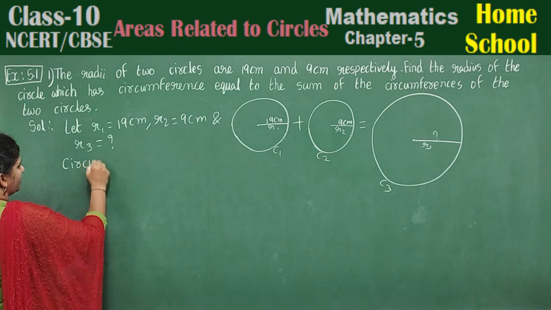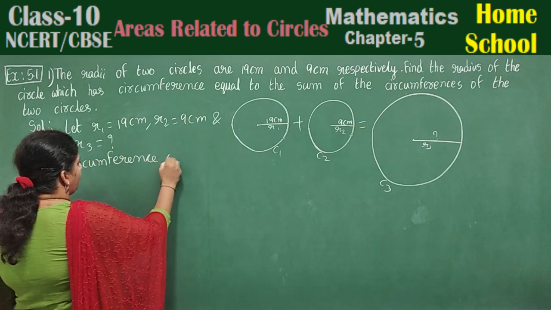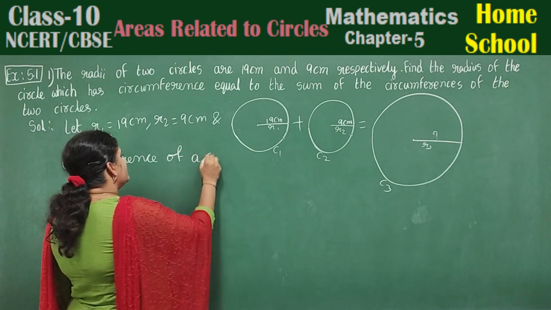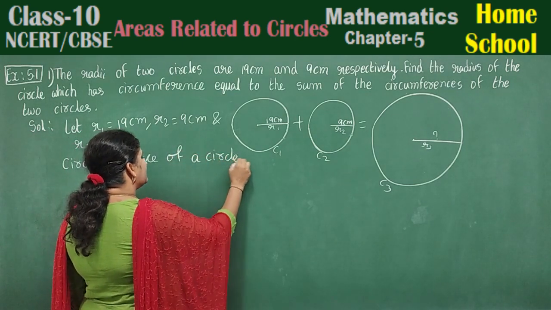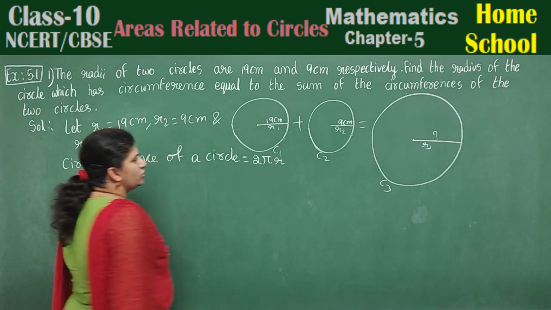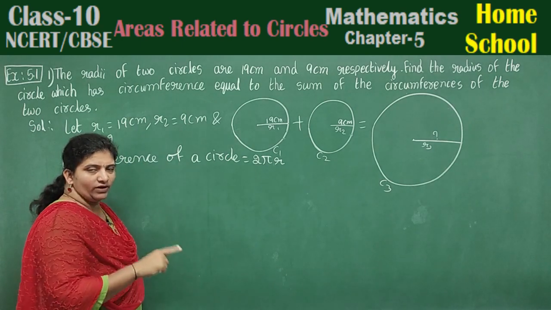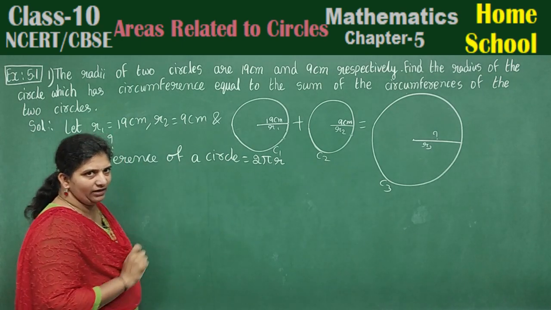We are talking about circumference. Circumference of a circle is equal to 2 pi r units. What is the circumference of a circle? The outer ring. What is that? 2 pi r.